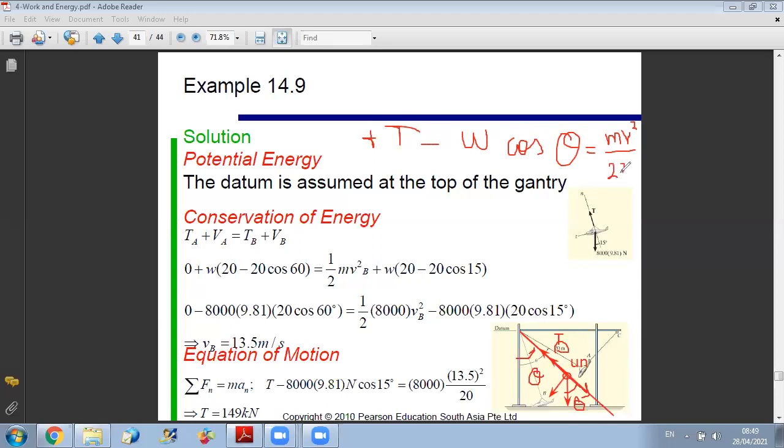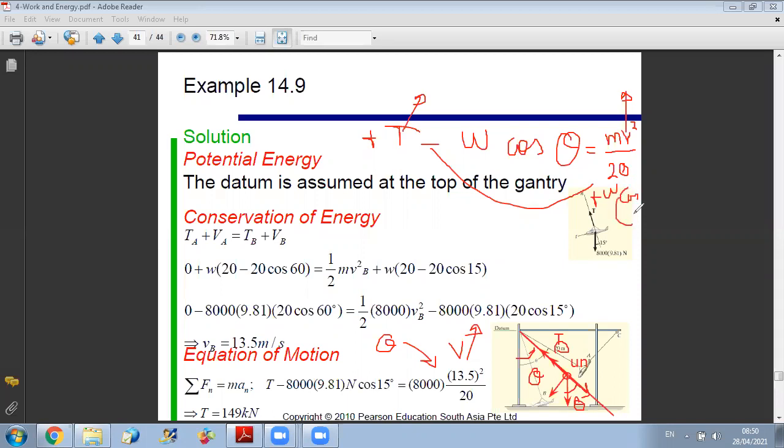Now, what can I deduce from this formula? As the velocity increases, the tension will increase. And the velocity will increase in which case? When I'm going downward. So we know that as I go down, so as theta is decreasing, the velocity is increasing. Plus, if I look here at my function, if I take W cosine theta to the other side, then T is m v squared over 20 plus W cosine theta.